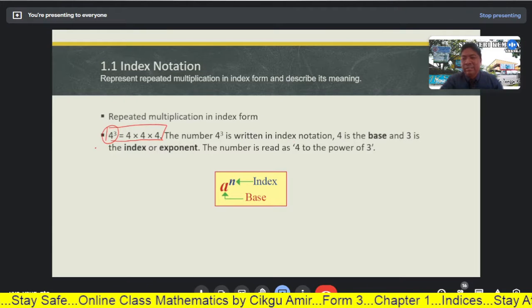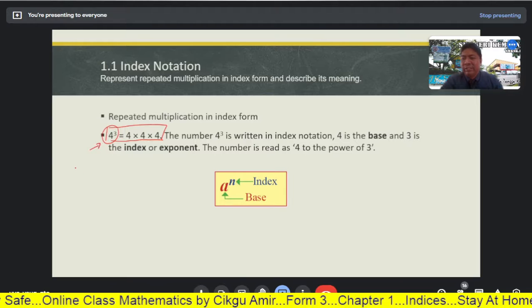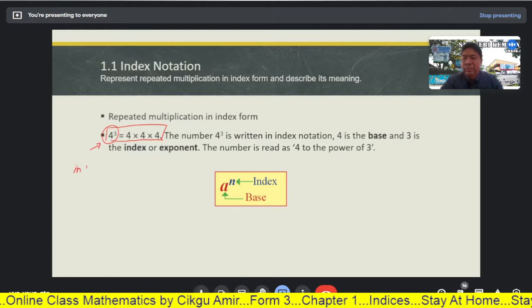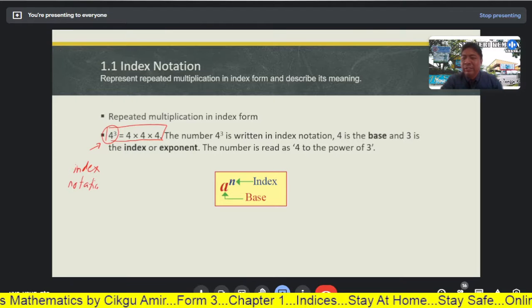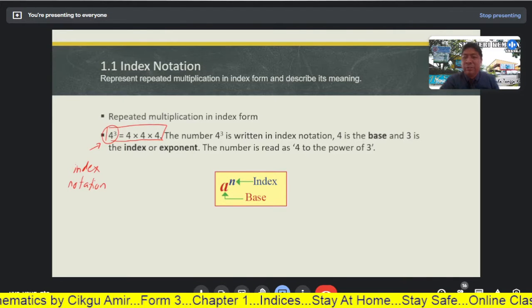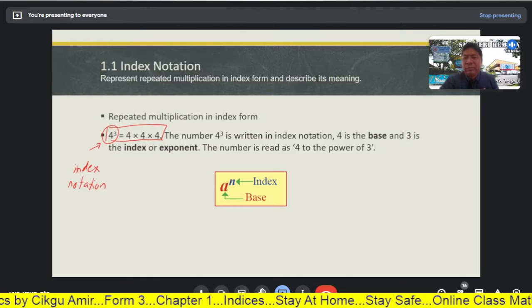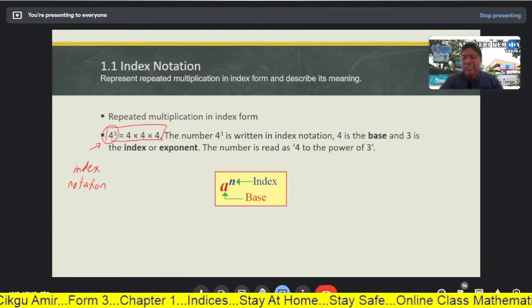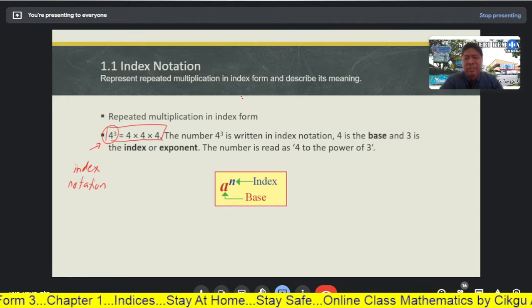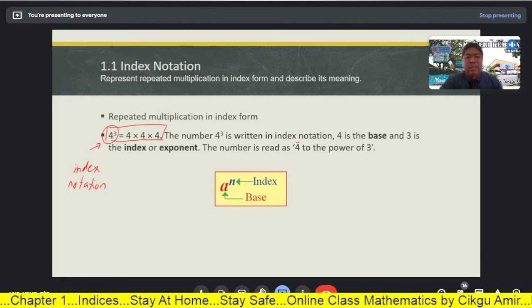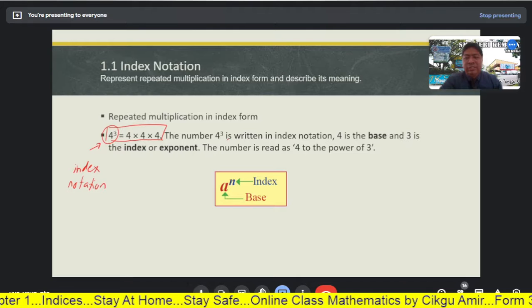Actually you have learned index notation, but you didn't know that it was called index.